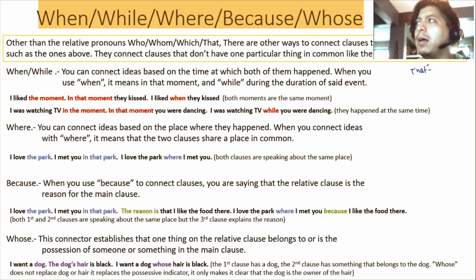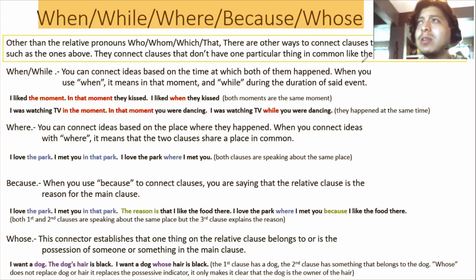Let's just read the little definition that we have in the box. Let me just erase all of this. It says, other than the relative pronouns who, whom, which, and that, there are other ways to connect clauses. This is a different way to connect clauses, to make sentences, such as the ones above: when, while, where, because, and whose.